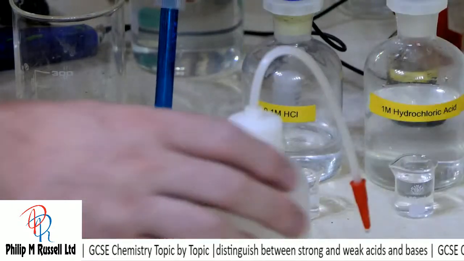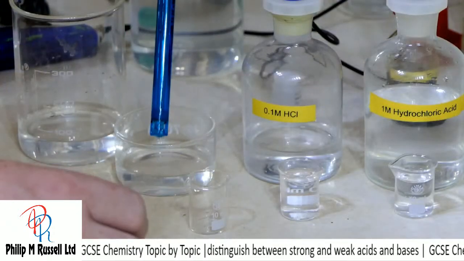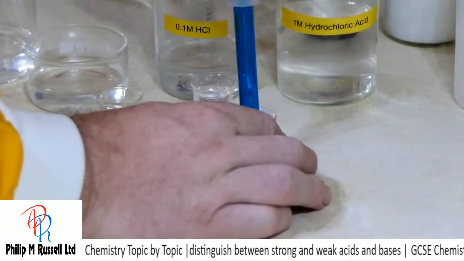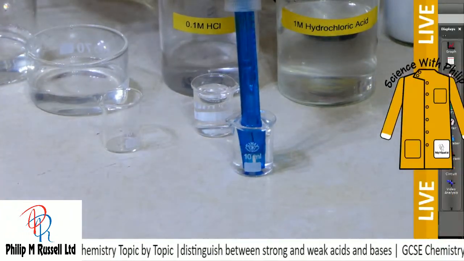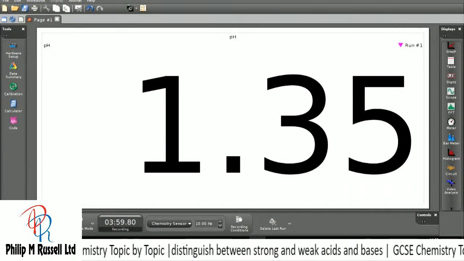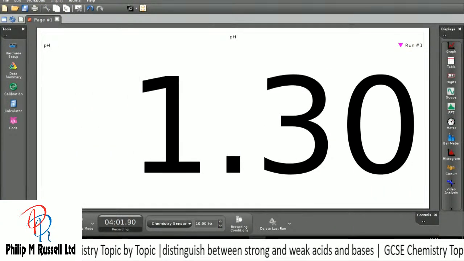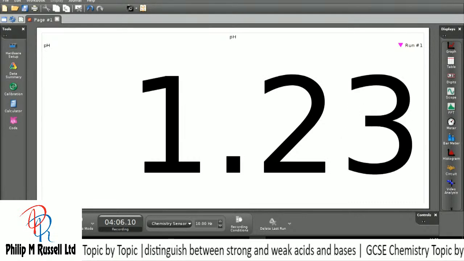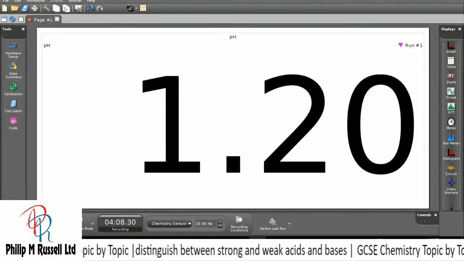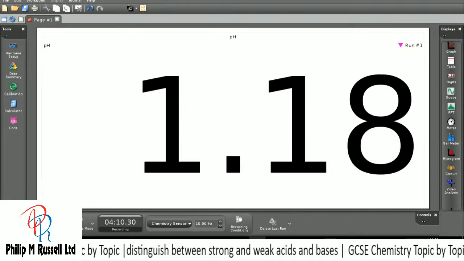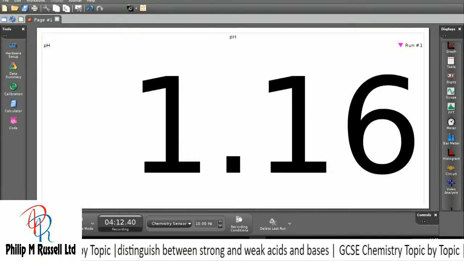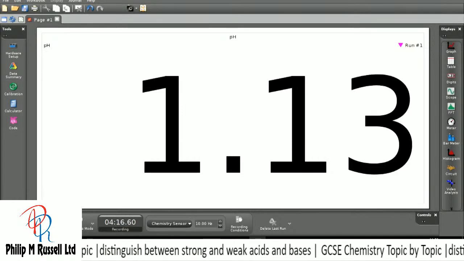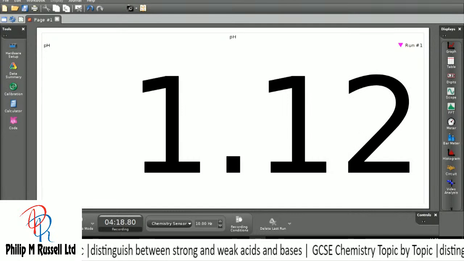Right, let's try this now in 1 molar. And you can see, instead of being about 1.5 as it was before, now we're down to about 1.1876. About 1.1 I reckon.